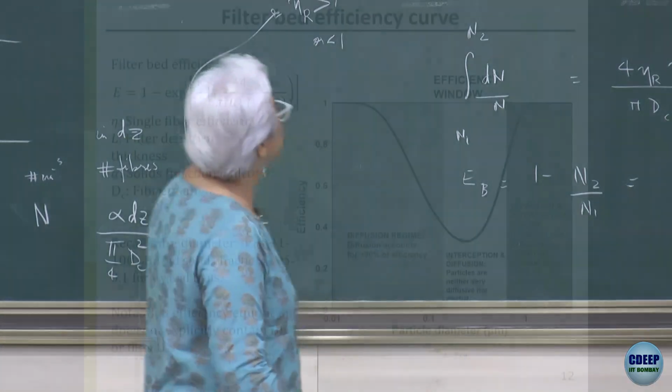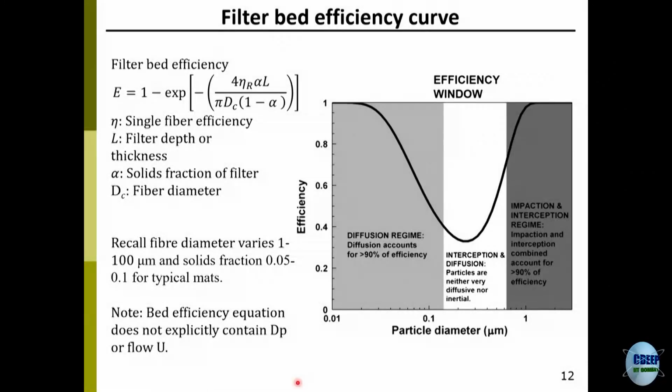And when we come to the bed efficiency, here you can see very clearly the scale ends at 1, and you can have the highest efficiencies for both the smallest particles and the largest particles. So this efficiency window, and we've talked about interception, pure interception is the only mechanism operating for that 200 to 300 nanometer particle.